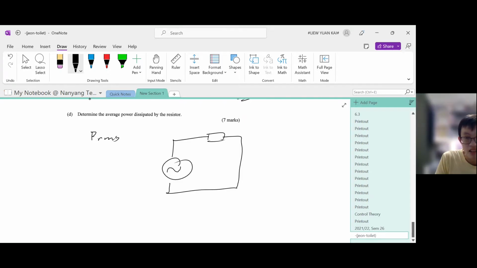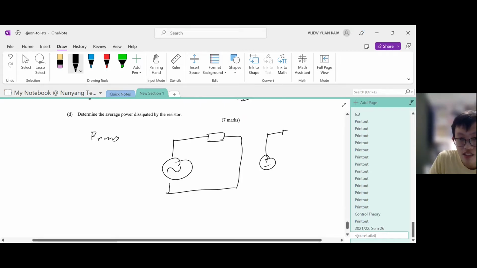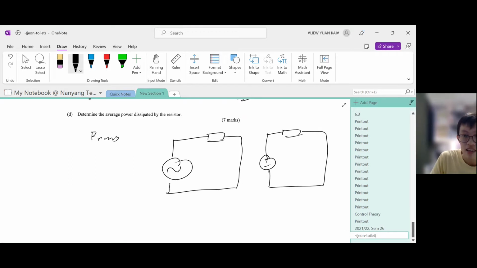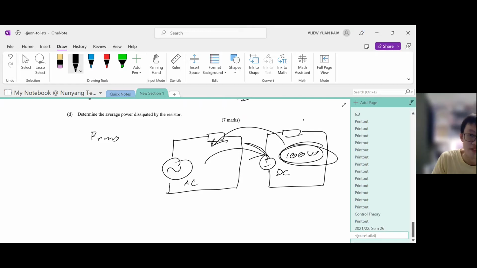The RMS power means that if I change this source into a DC voltage source, then the power dissipated by this, let's say this is 100 watts. If I can change this into an equivalent DC voltage source, see this is DC, this is AC. If I can change this to an equivalent DC power source, then this 100 watts that it dissipates here will be the RMS of the AC.